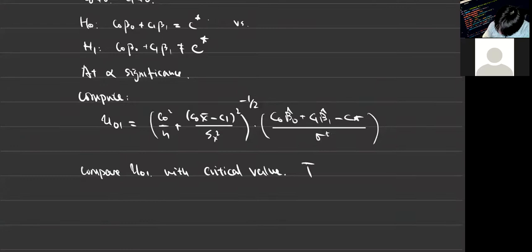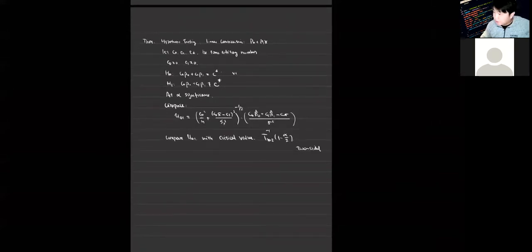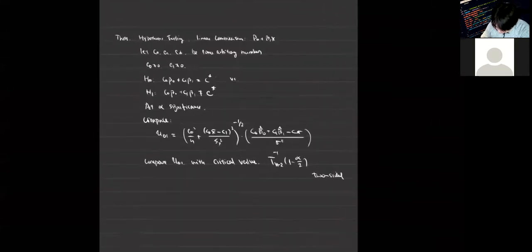This is a t distribution with degrees of freedom n minus 2, the inverse, and inside of it is 1 minus alpha over 2, because it's two-sided. Okay, so this is a lot of information, and we are really trying to just understand what's going on here.